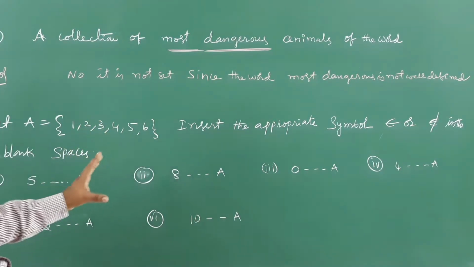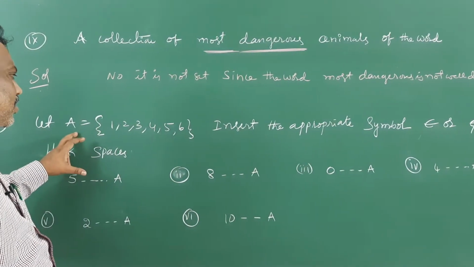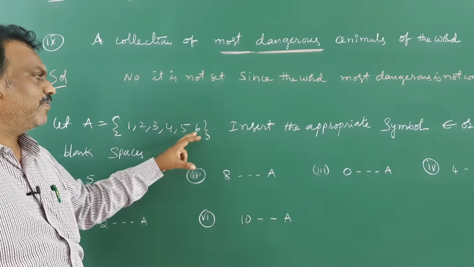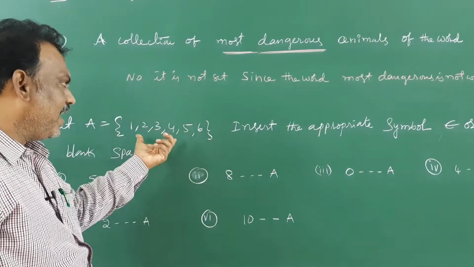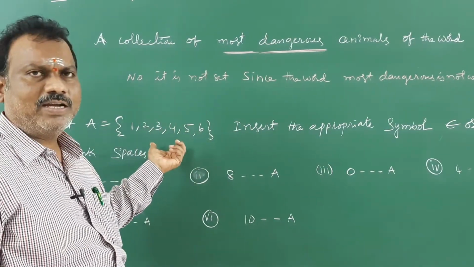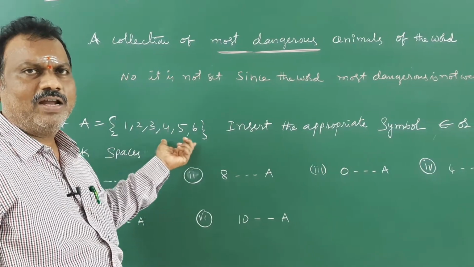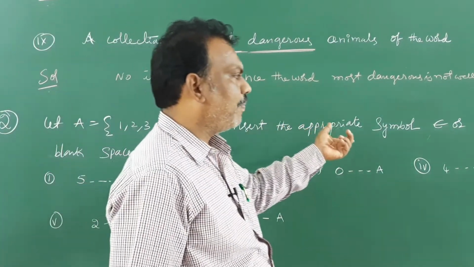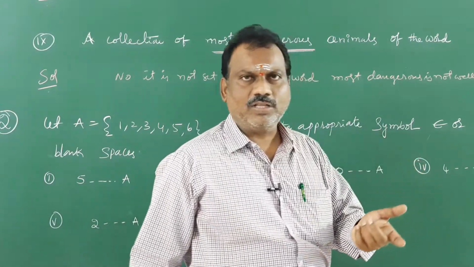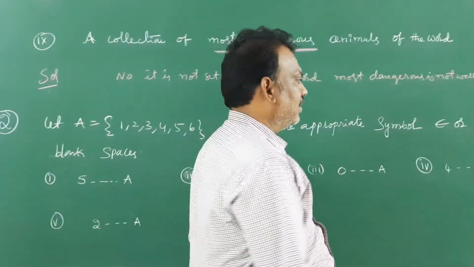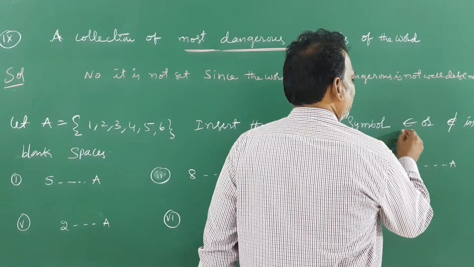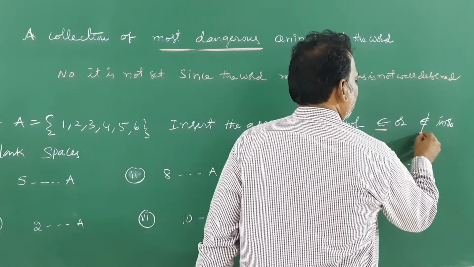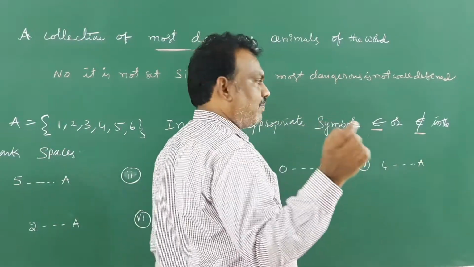What is the second one? Let A be equal to the set of 1, 2, 3, 4, 5, 6. One set A is given with some elements, starting with 1 and ending with 6. Insert the appropriate symbol. You know the meaning of these two symbols in the concept. This is belongs to, this is does not belong to.